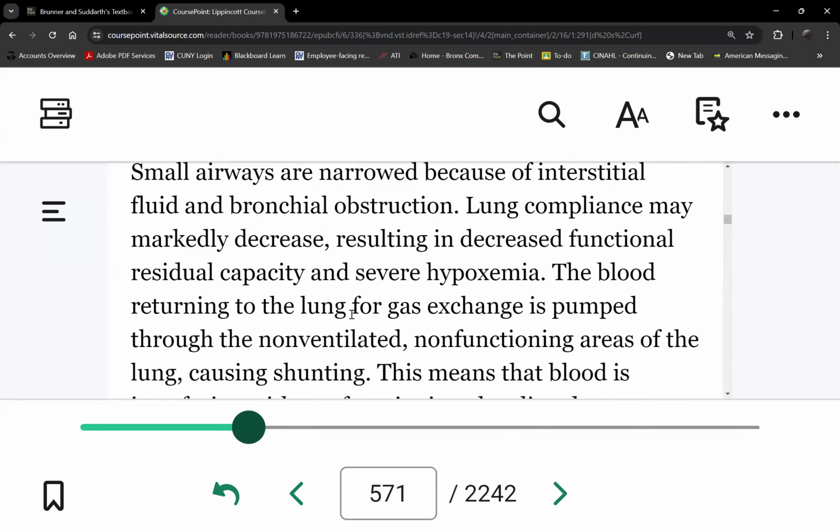So the only way to perfuse this patient's lungs is through mechanical ventilation. You have to force the breath into the patient's alveoli. Lung compliance, if you don't understand it, is the pliability, the softness of the lung. The lung is naturally dry, correct?